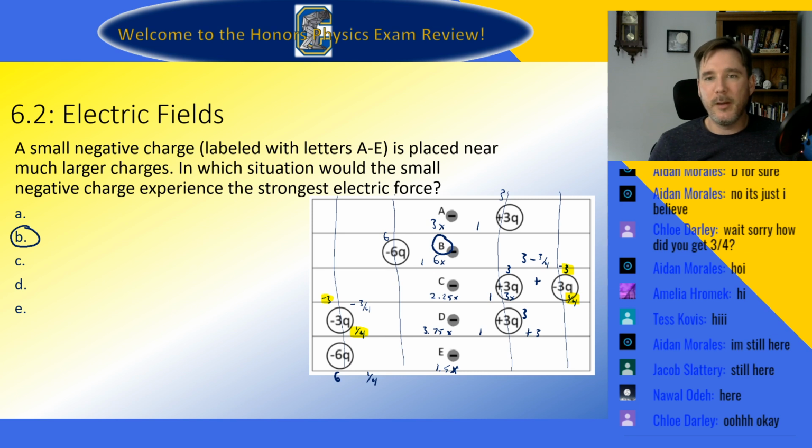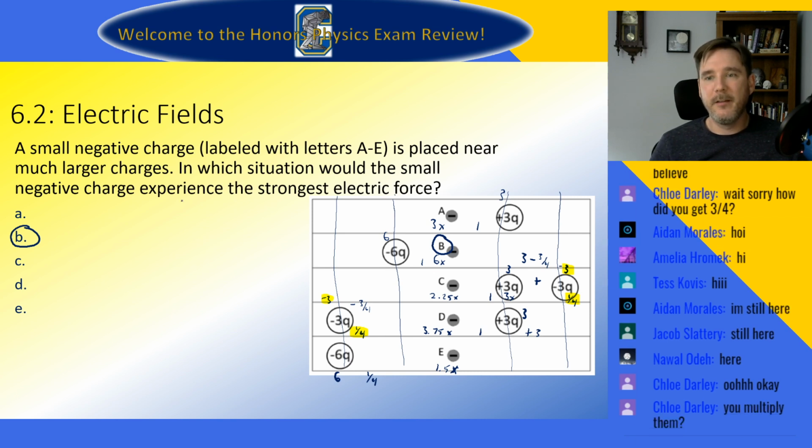So they go together, you multiply them together, for that particular charge. For example, for these ones, you multiply the 1 and the 3. For these ones, you multiply the 6 and this 1. Multiply these together because we're talking about the same charge.